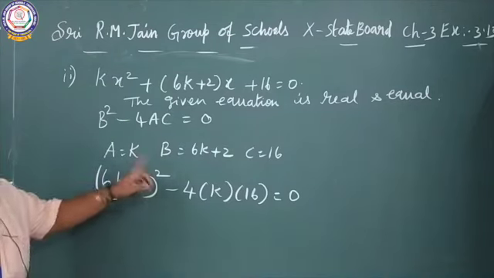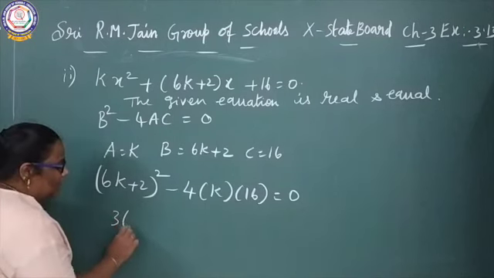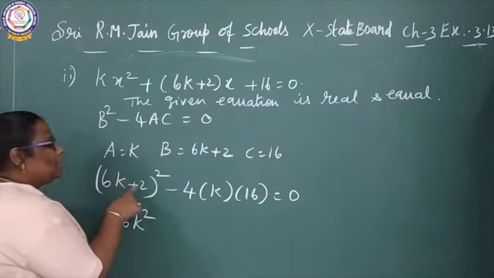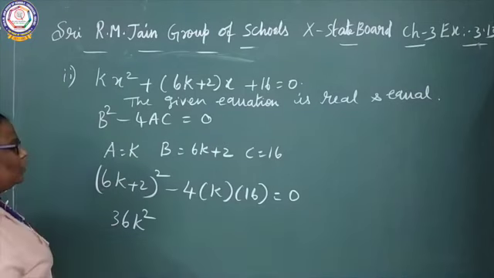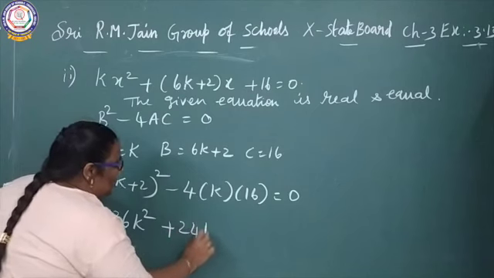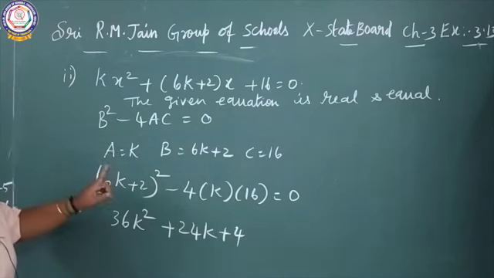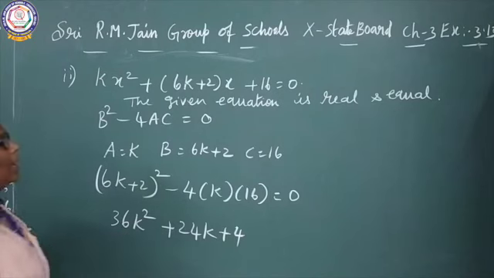What is the a plus b the whole square formula? a square plus 2ab plus b square. 6 2s are 12, 12 2s are 24k, plus 4.